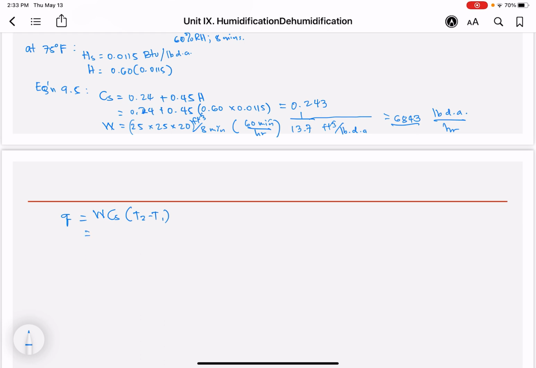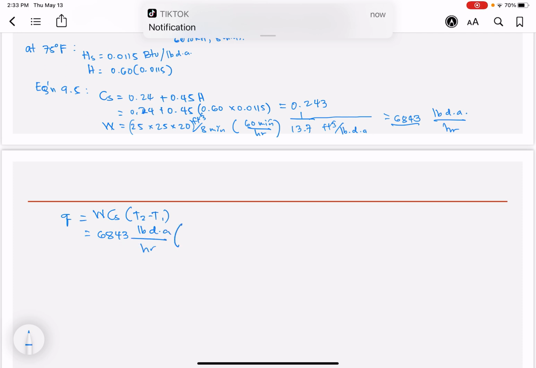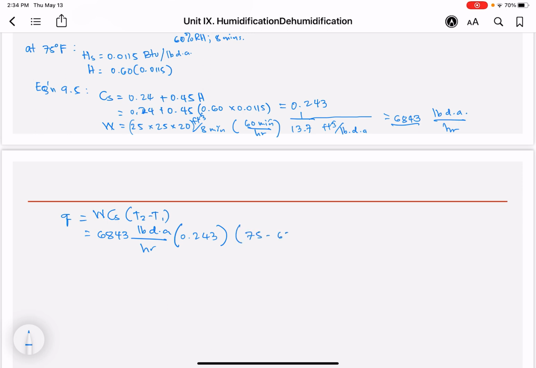So using the value 6843 pound dry air per hour times your CS, which is 0.243, times 75 minus 65. Okay, so you get 6843 times 0.243 times 10. That is 16628 or 16629 BTU per hour.